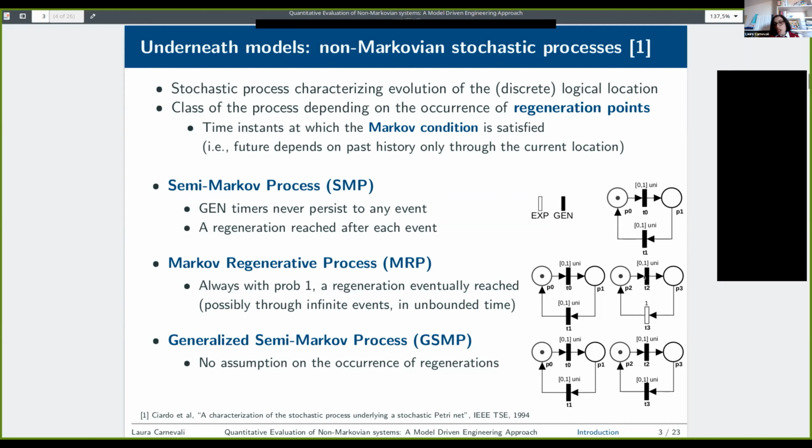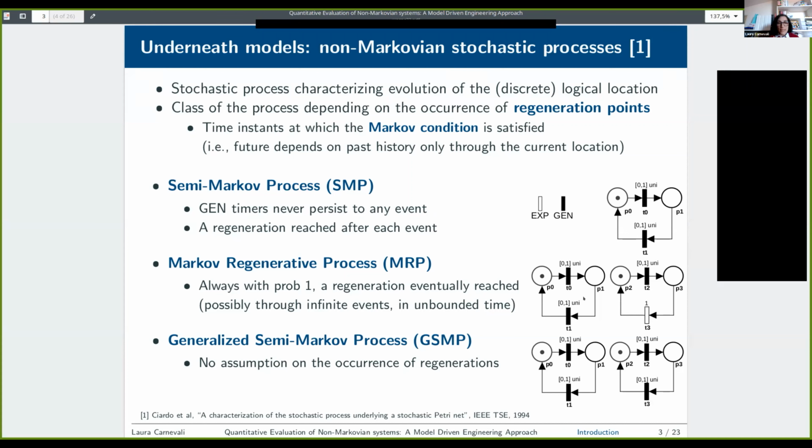After the firing of T2, T3 becomes enabled, but T3 is an exponential memoryless distribution. And so when T0 fires, then a regeneration is encountered, because the other general timer enabled is the one represented by transition T1, and this is newly enabled. So in this case, the underlying stochastic process is termed a Markov regenerative process.